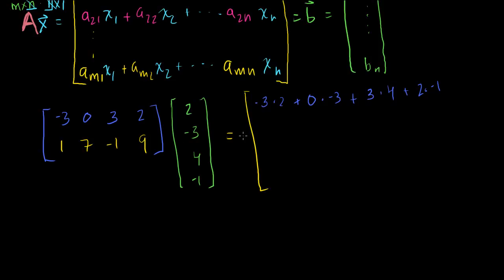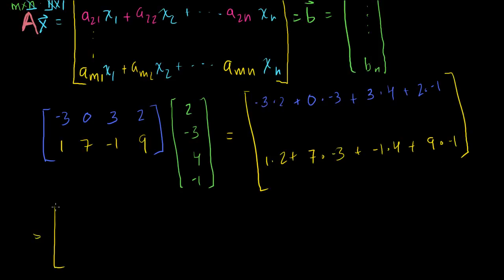And now my second row, or I guess my second component in this vector, is going to be 1 times 2, plus 7 times -3, plus -1 times 4, plus 9 times -1. And so what does this simplify to?